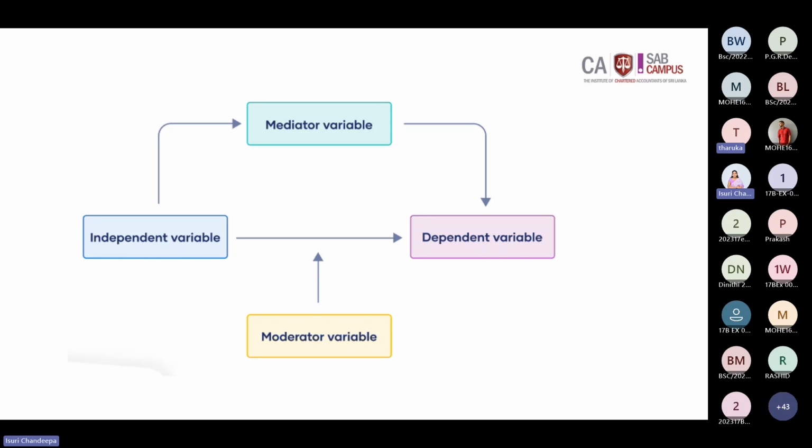If it is a moderator variable, you need to keep the arrow like this. If it is a mediator, what is the mediator's role? The mediator creates an intermediary role between the independent variable and the dependent variable. We'll take the first example, customer loyalty.